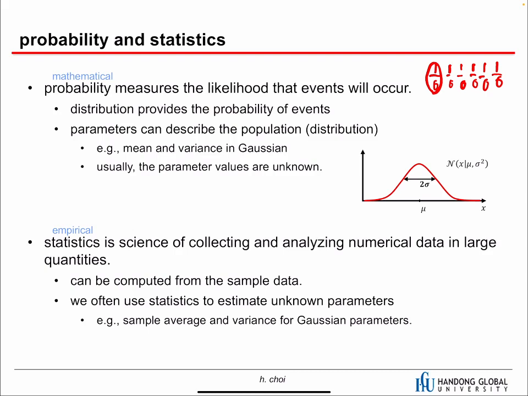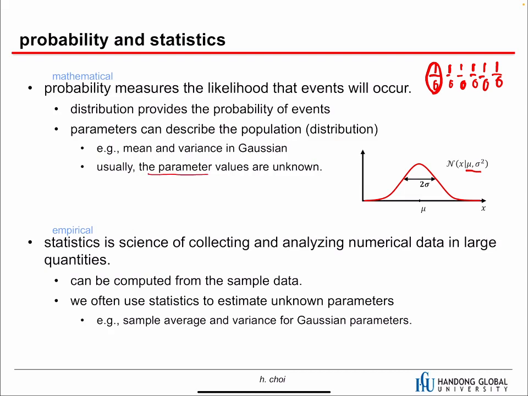And if we have a Gaussian distribution, we're going to talk about the Gaussian distribution later in detail, but I think you already know it somehow. In the Gaussian distribution, we have to define the mean and variance. And the mean and variance are the parameters that define the distribution.